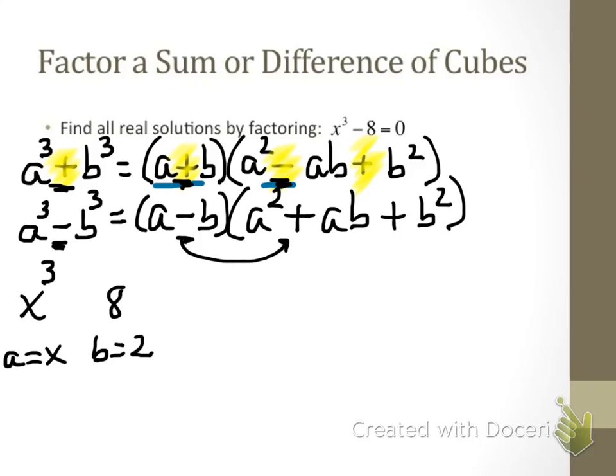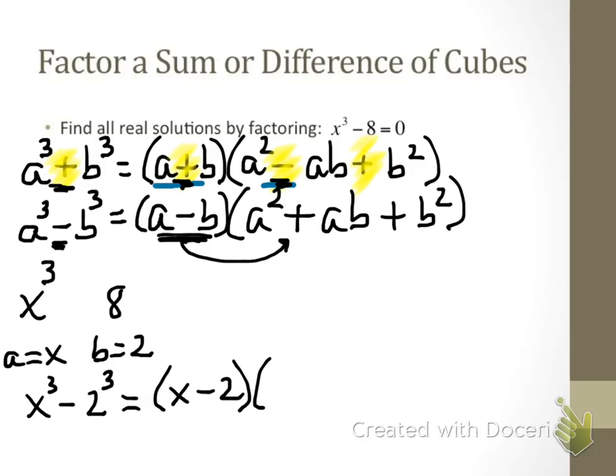So I'm really saying I have x cubed minus 2 cubed. That is going to equal x minus 2, that's the a minus b part, and then x squared plus 2x plus 4.